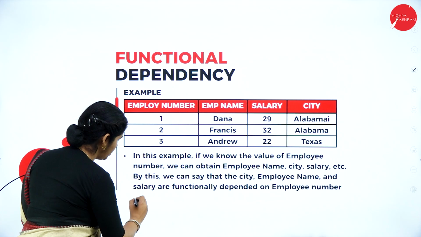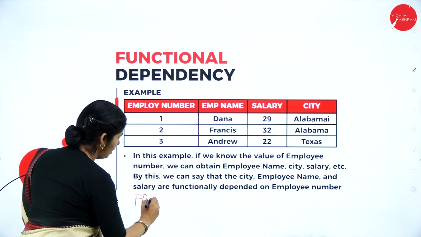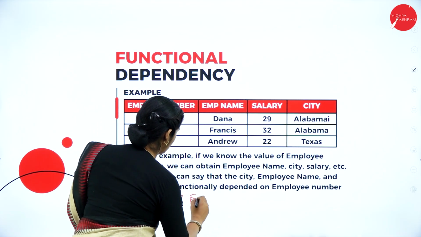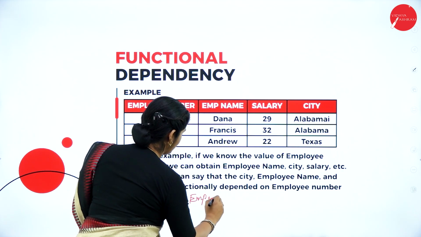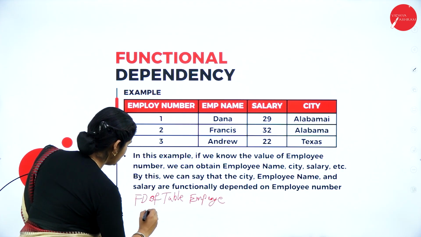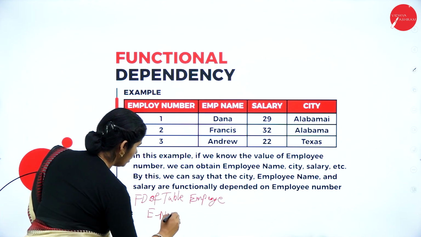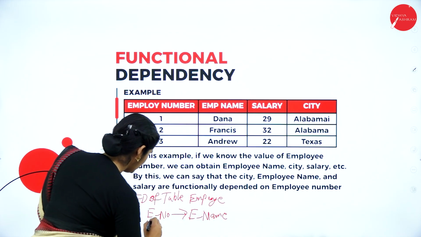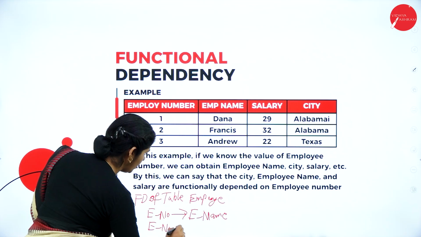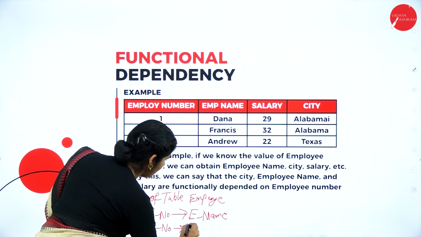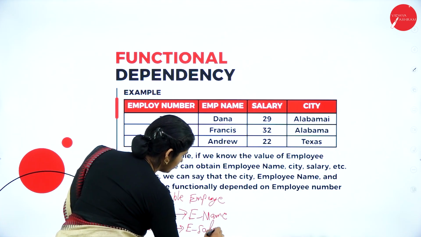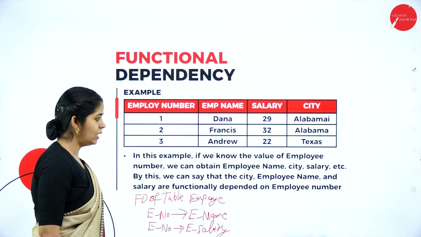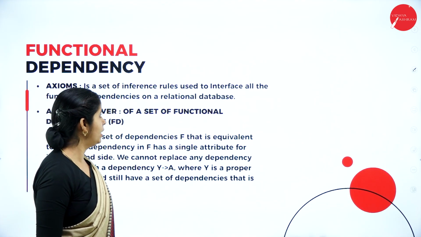What is it saying? The functional dependencies of the employee table are: employee number determines employee name, and from employee number we can get the employee salary, right? And from the same employee number we can get the city. That is how we represent the functional dependency.